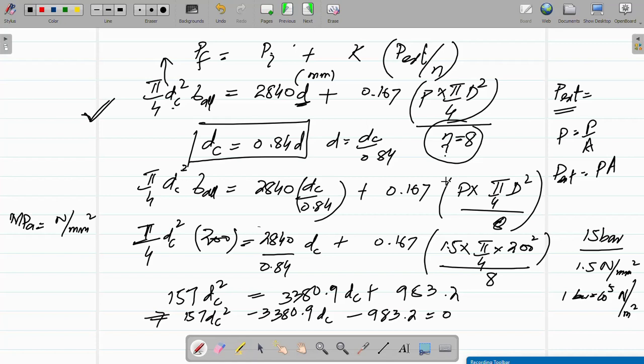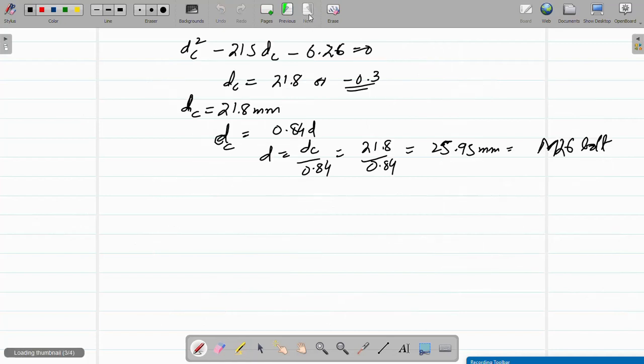Standard numbers used are 8, 12, 16, 20, 24. Based on those numbers, you can find the diameter of the bolt. So these are 2-3 possibilities that I wanted to discuss along with this problem.